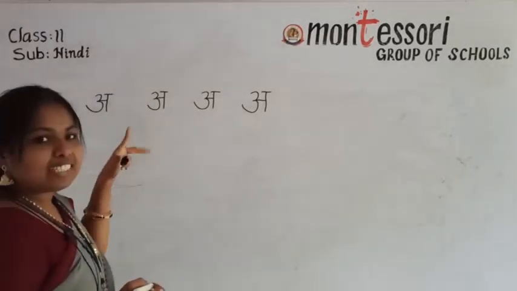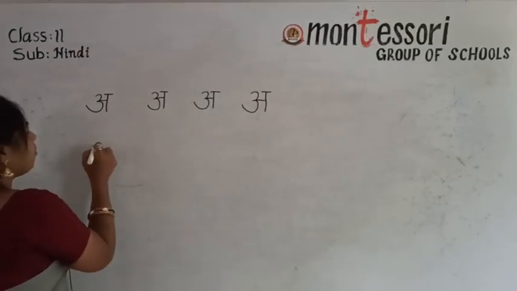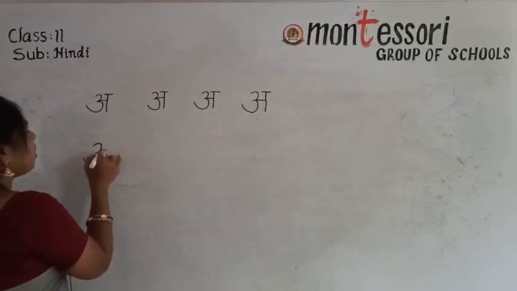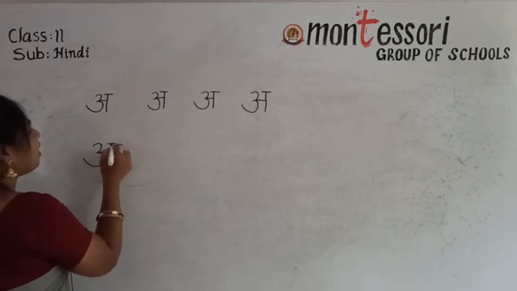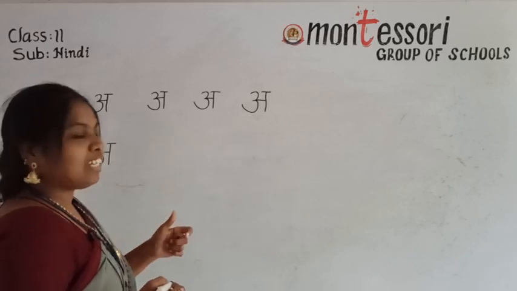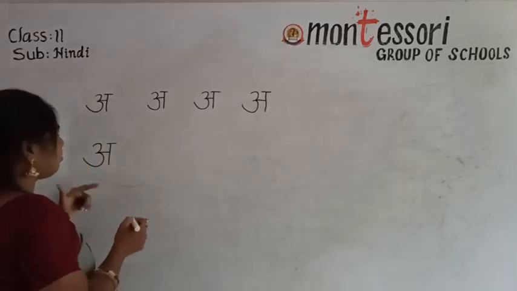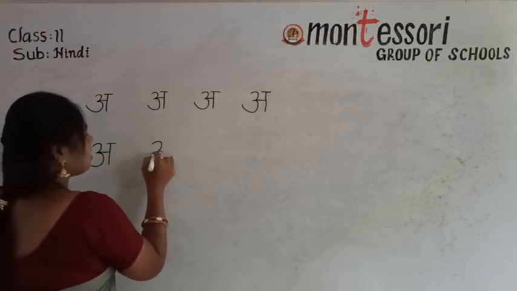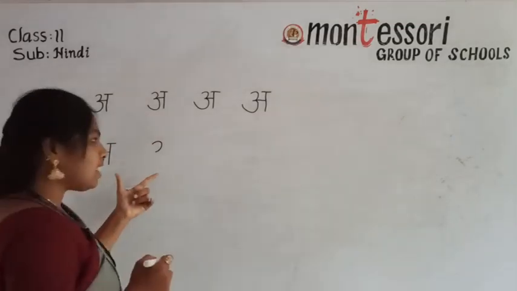Okay, after this the next letter is A. What is that next one? How does it come? If you learn A, the other A is also very easy. I will show it in steps. First write a small semicircle.